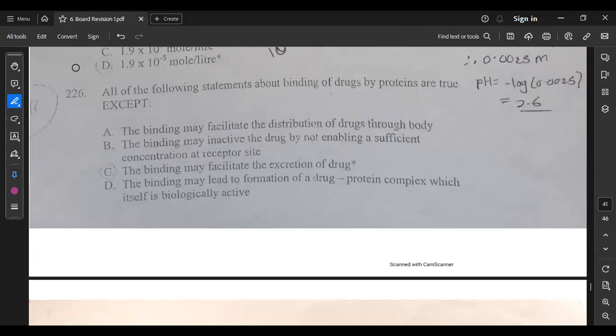C. Yeah, so C is the right one because the drug binding to the protein will not promote excretion. We can move on to the next one.